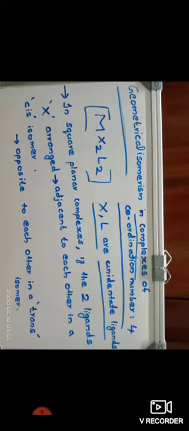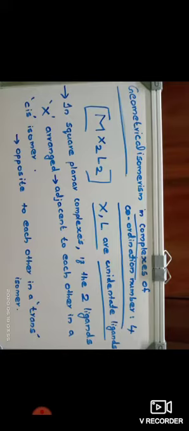Geometrical isomerism in complexes of coordination number 4. An example, MX2L2. It consists of a central metal atom M and two kinds of ligands, X and L. X is 2 in number, L is 2 in number.